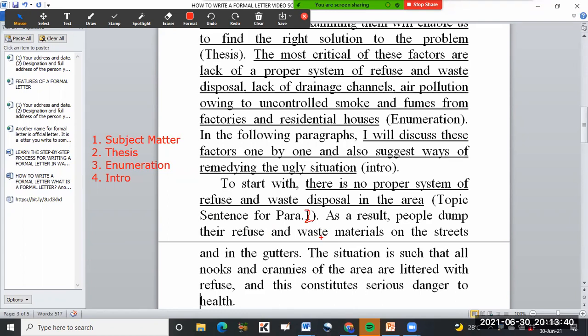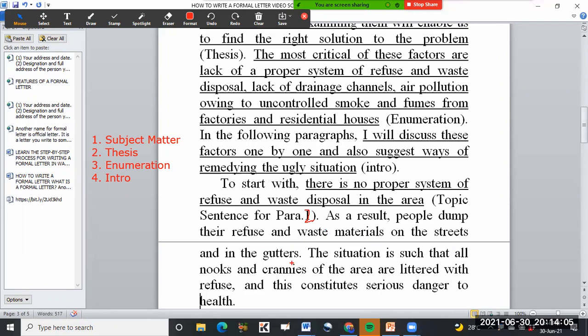We will give evidence to prove that what we have said is true. We have said there is no proper system of refuse and waste disposal in the area. What is the evidence? We now say, as a result, people dump their refuse and waste materials on the streets and in the gutters.